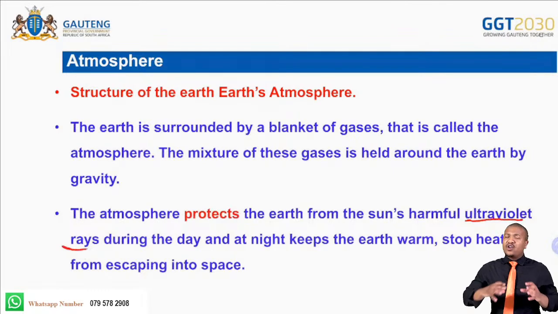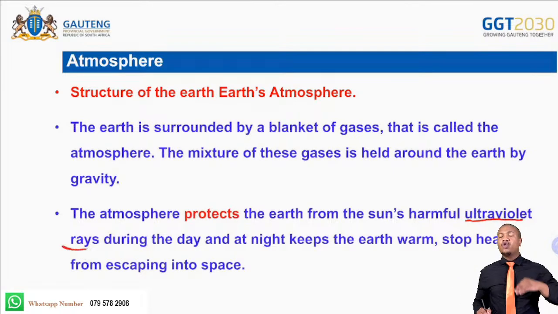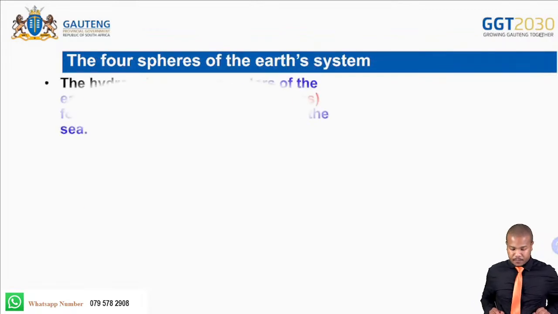And those layers are also responsible for trapping the heat at night, so that we do not lose too much heat and we stay warm. That is the function of the atmosphere in our system here.